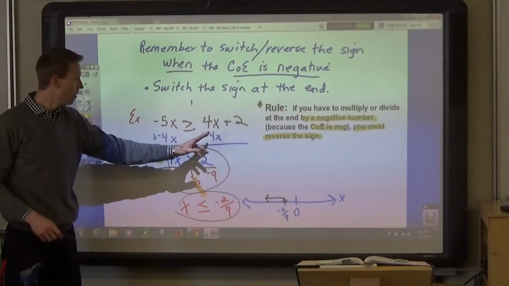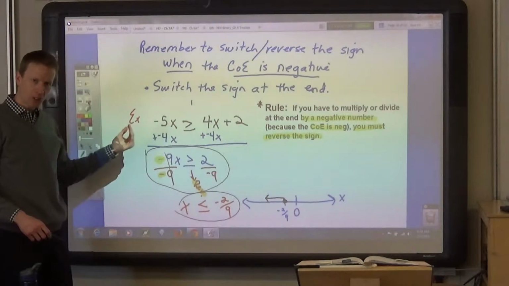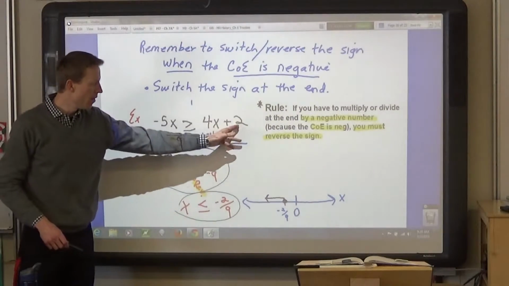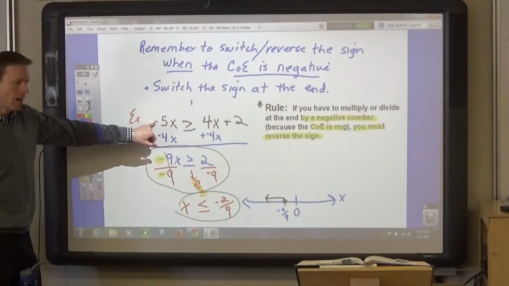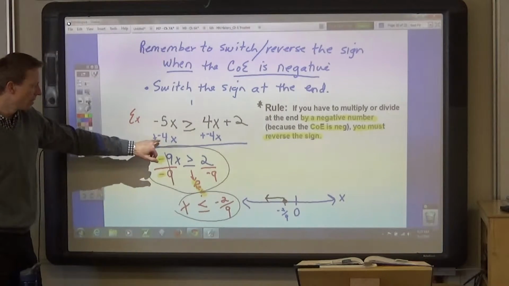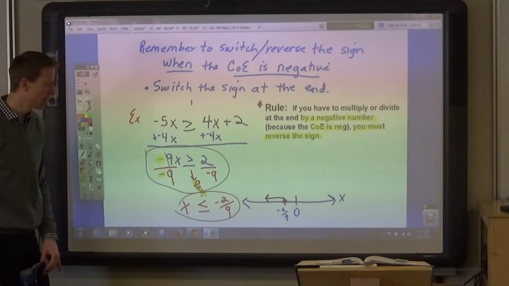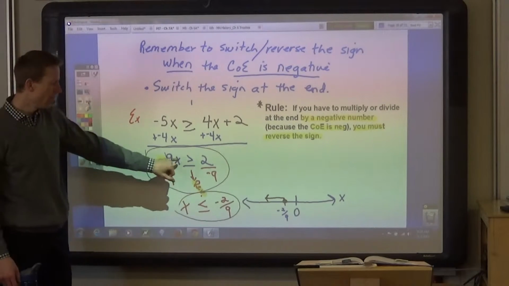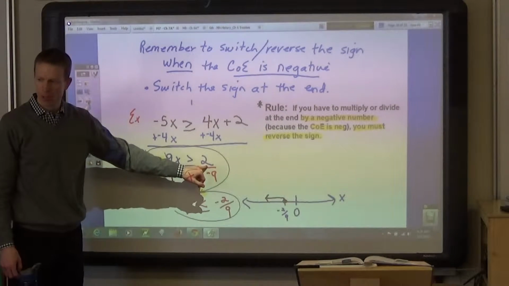So we have to add the negative 4x to get the variable terms on one side and the number term on the other side. And then you get negative 5x plus negative 4x, and that's negative 9x. So negative 9x is greater than or equal to 2, right? You with me so far?